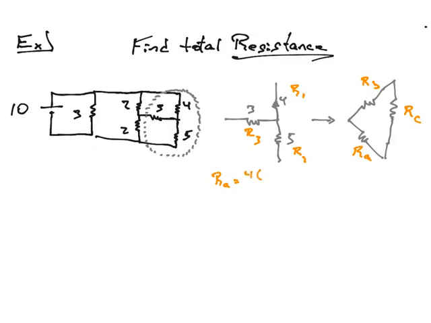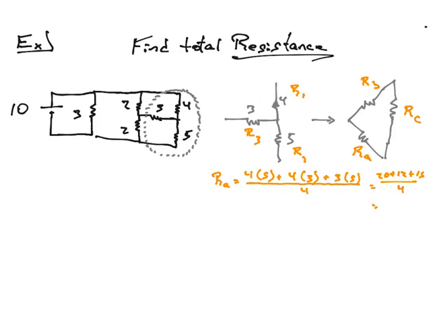So 4 times 5 plus 4 times 3 plus 3 times 5. That's all the pairs, 1 and 2, 1 and 3, and then 2 and 3, divided by, if I want RA, R1, which is 4. So this is 20 plus 12 plus 15 divided by 4.